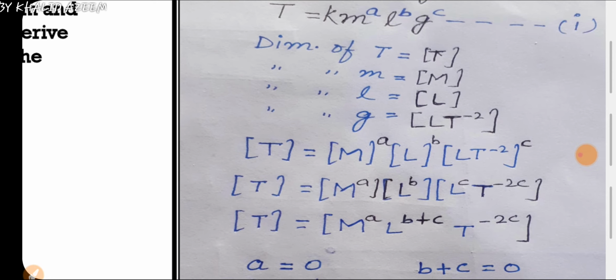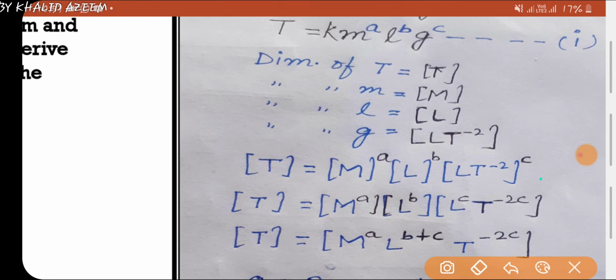Then we get this line. Again, I am distributing power, as you can see in this term. So L to the power c and T to the power will be minus 2c.